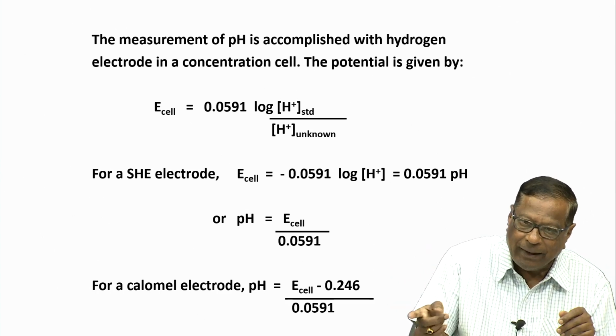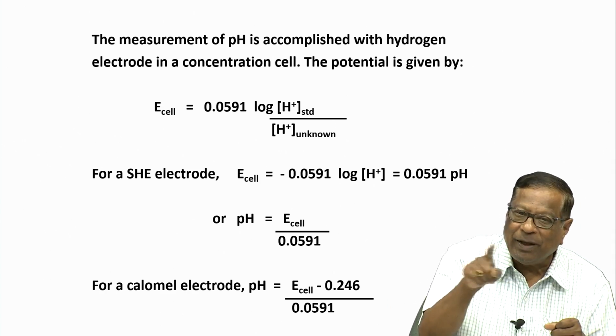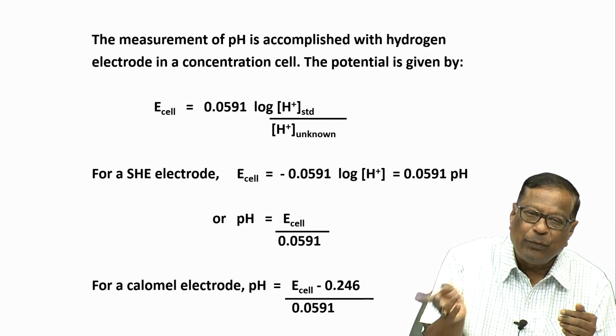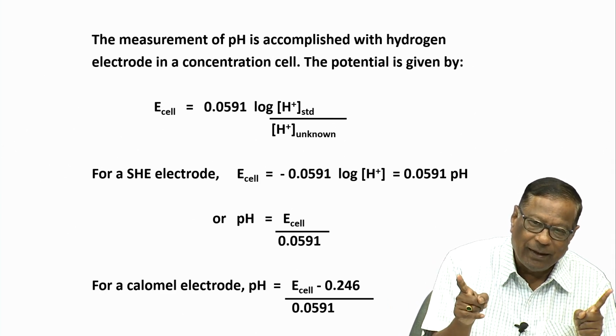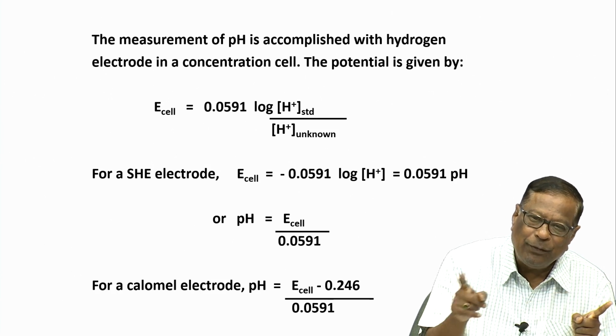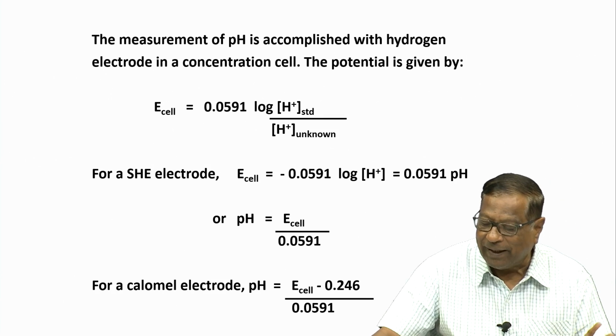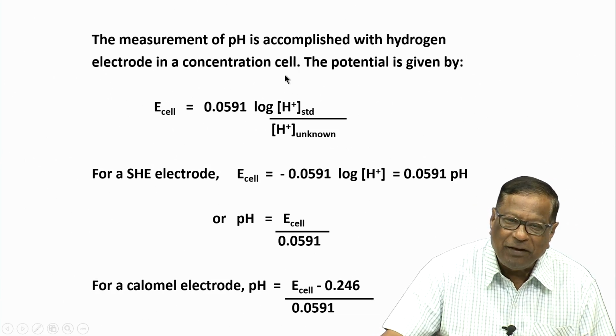They put a dial. So, the current generated would be used to move the needle across the dial from 0 to 14. So, all these things were there until the 1950s and 60s.